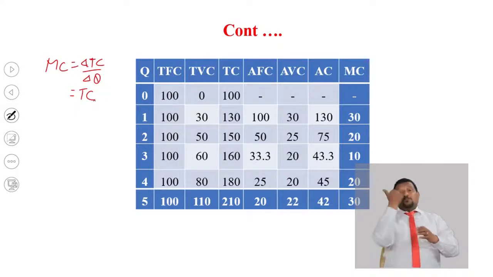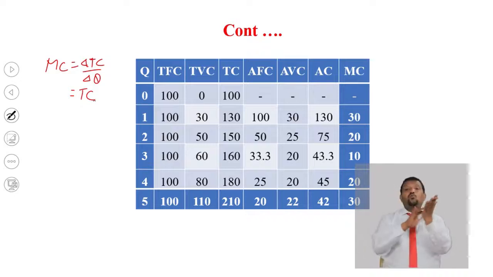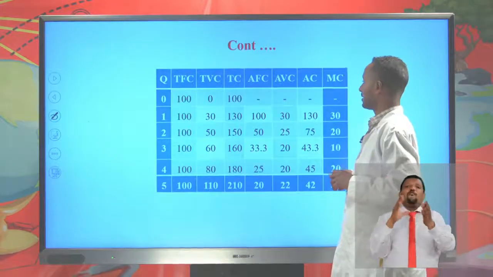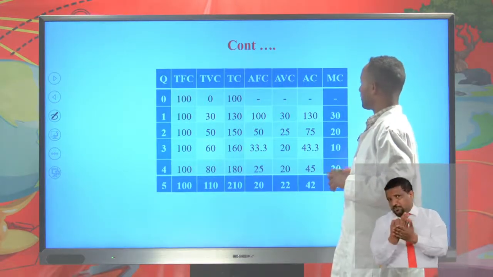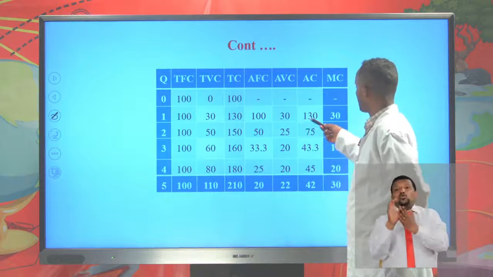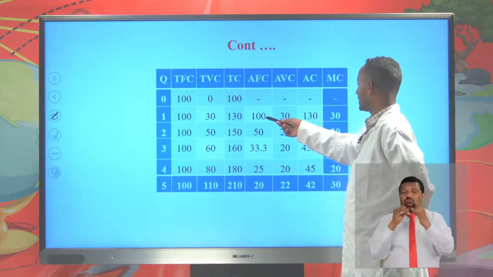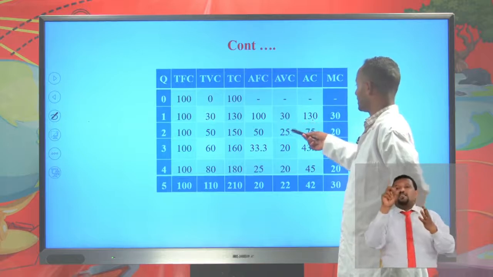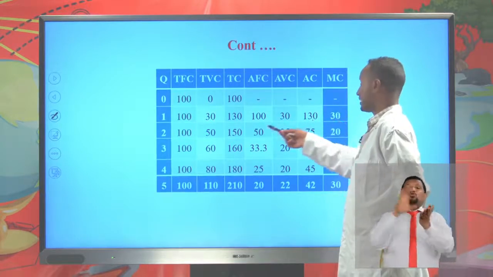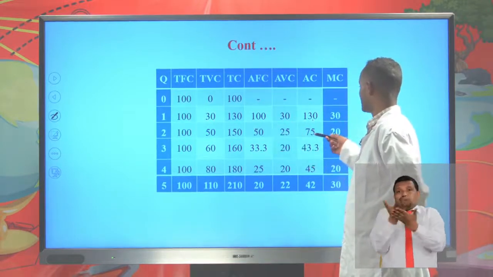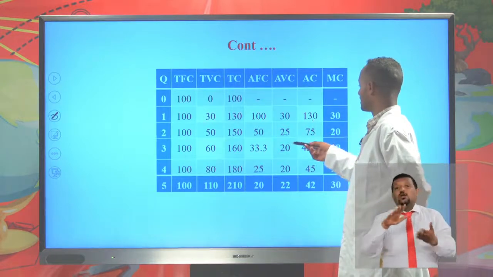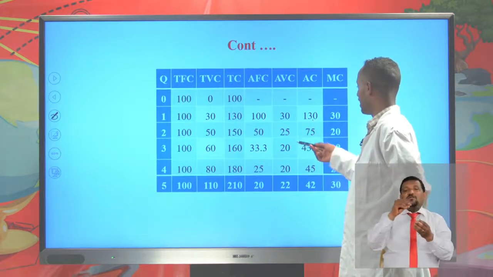In another way, we can calculate the average cost of production by adding the average fixed cost and the average variable cost of production. The average cost of producing 1 unit of a commodity is 130 BR, which is calculated by adding 100 and 30. The average cost of producing 2 units of a commodity is 75, which is calculated by adding 50 and 25.